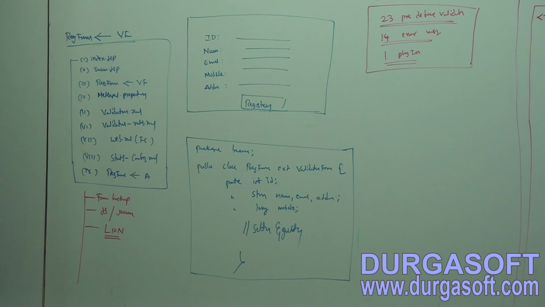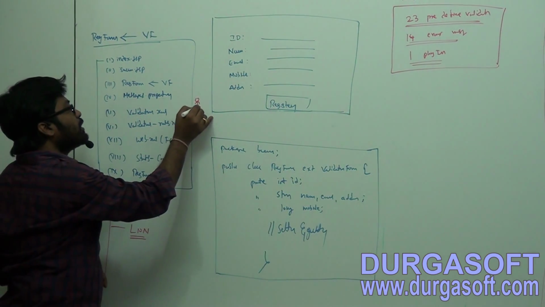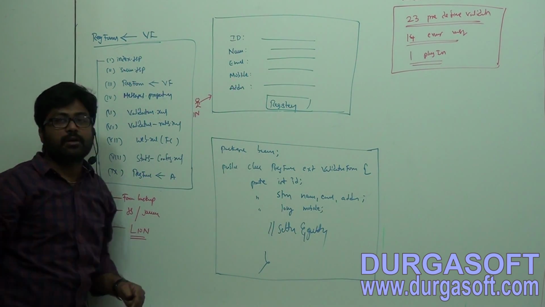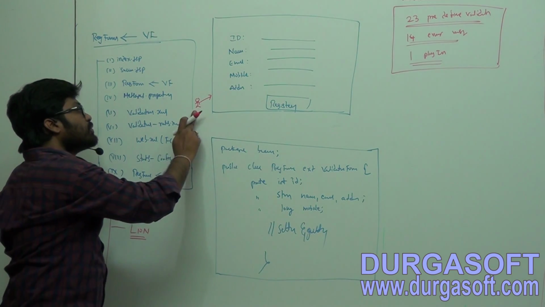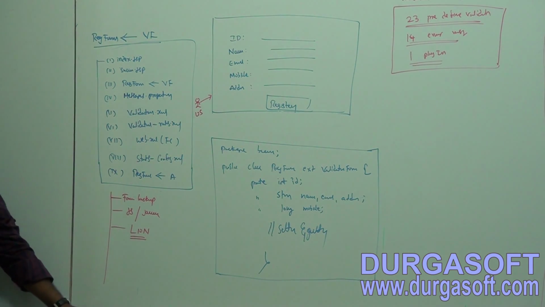localization. Localization means, in case this form is submitted by an Indian user, for the mobile number it needs to check Indian mobile number validation. If the user is a US user, it needs to check US mobile number validation.